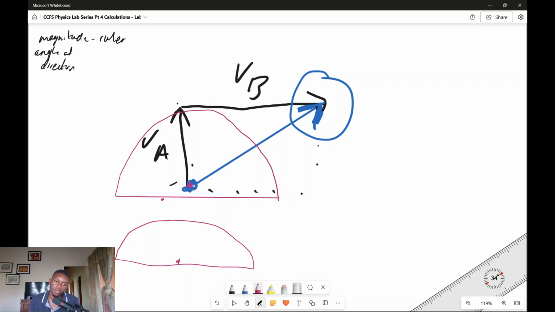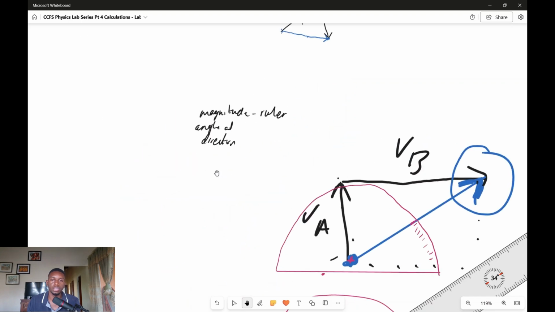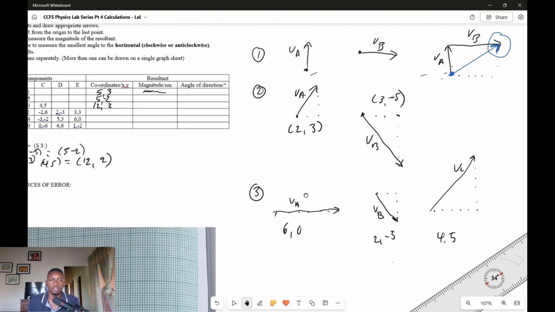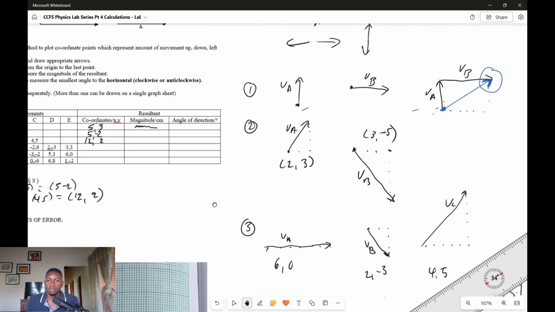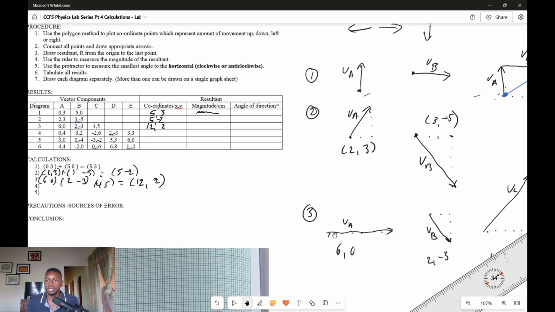And so it crosses, and then you read off this value. You're going to read it, and read it good, and when you read it, you'll get your value. I am going to give you a sample reading, just so that you know if you're doing it right.